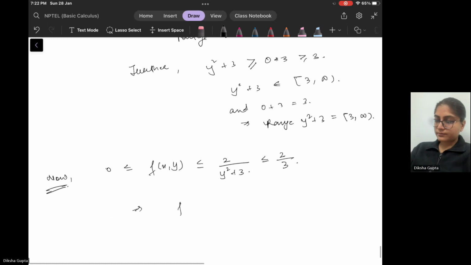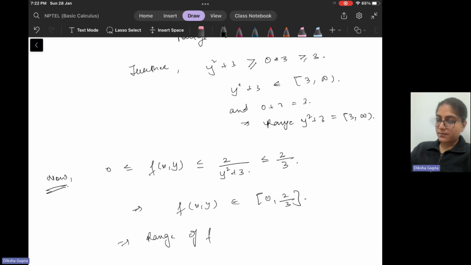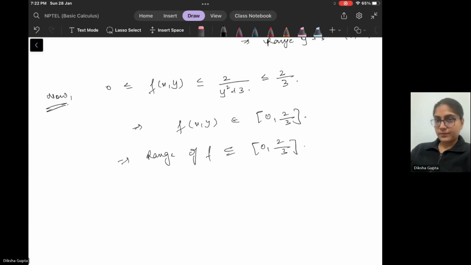This implies f(x, y) belongs to [0, 2/3], so the range of f is contained in [0, 2/3]. Now if we show that 0 and 2 by 3 are in fact in the range, then every value between them has to be in the range because f is again continuous. Then we'll be able to show that in fact [0, 2/3] is the range.